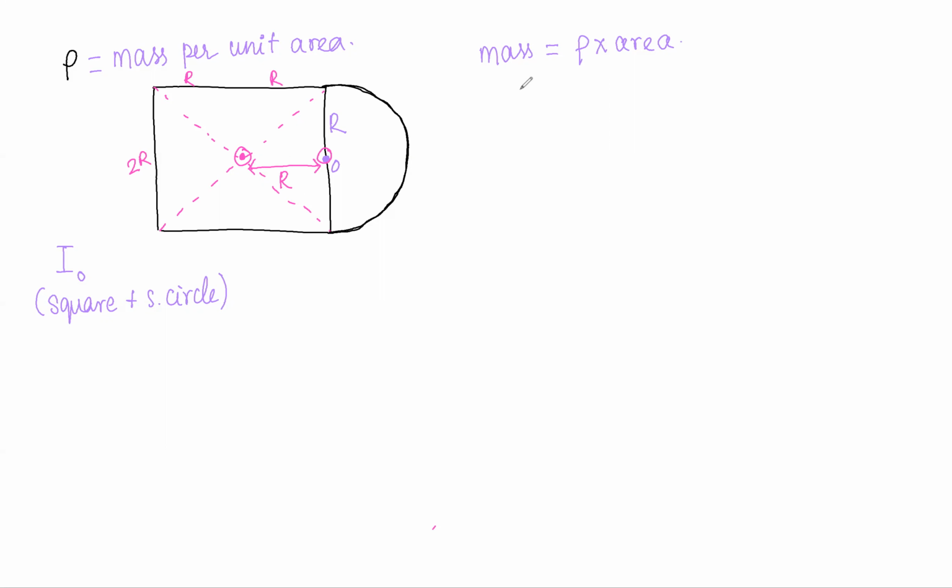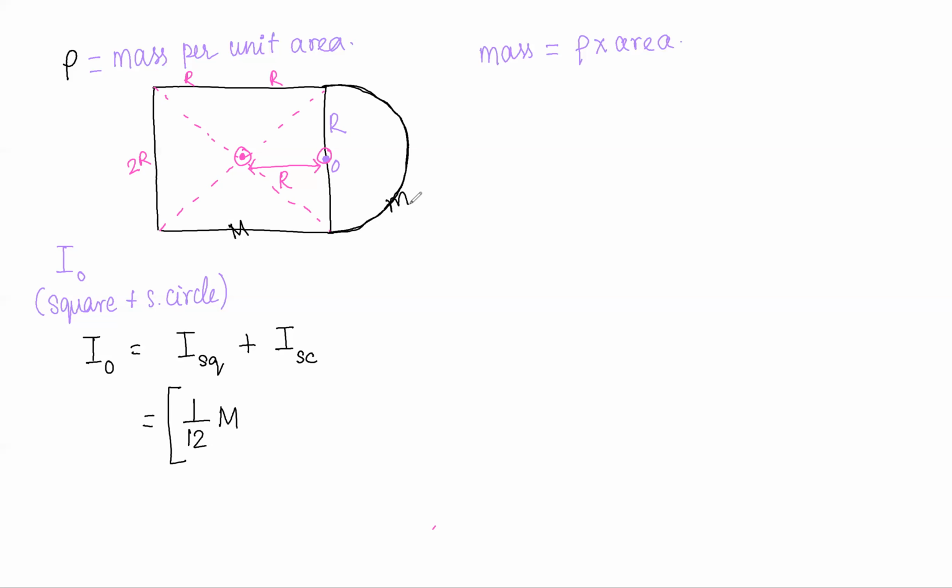Now I'll write this out step by step. I0 is equal to the moment of inertia of my square plus the moment of inertia of my semicircle. To find the moment of inertia of the square, I'll apply the formula for a rectangular plate. I don't know the mass, so let us say the mass of the square is capital M and the mass of the semicircle is small m.